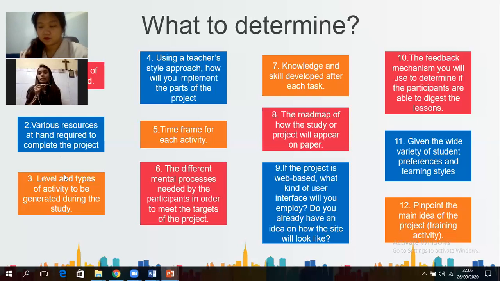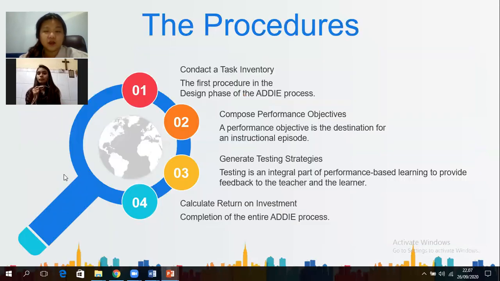The 11th is, given the wide variety of student preferences and learning styles, because each student is different, you have to use a wide variety of preferences and learning styles. And the 12th one is to pinpoint the main idea of the project, or the training activity. Next. Okay, so here is the procedure.